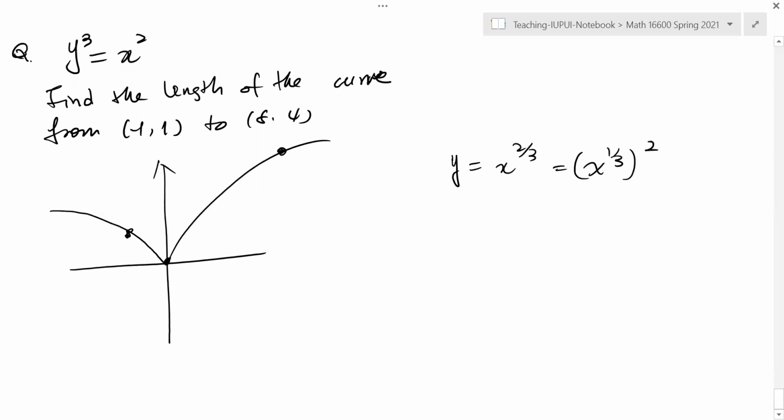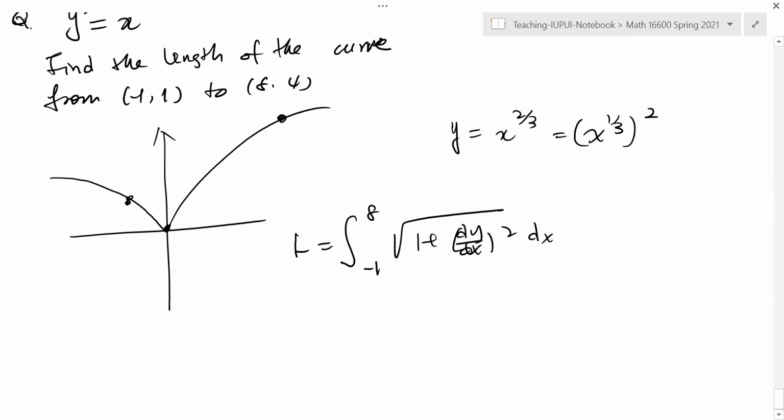But anyway, you view y as a function of x. Then the length is going to be the integral from -1 to 8 of the square root of 1 plus (dy over dx) squared. Let's set up all those possible integrals to see which one is easy to evaluate.